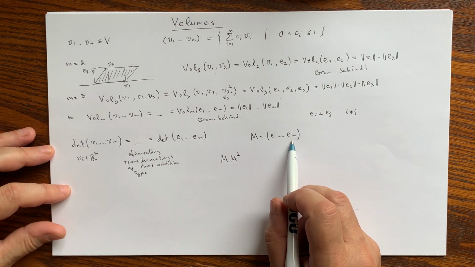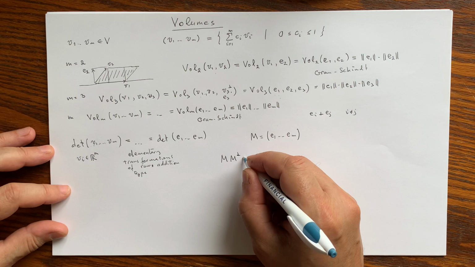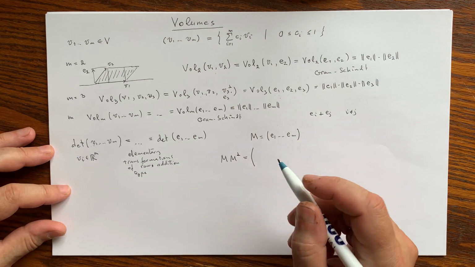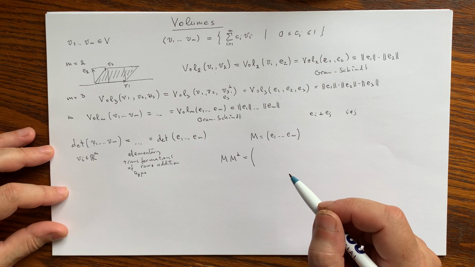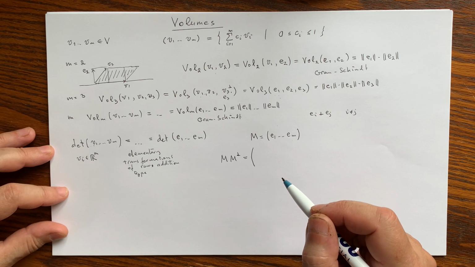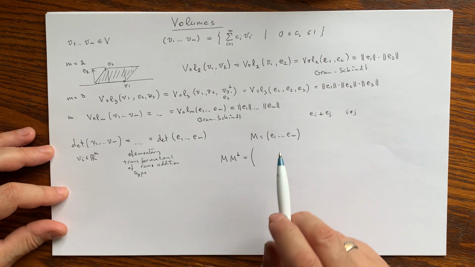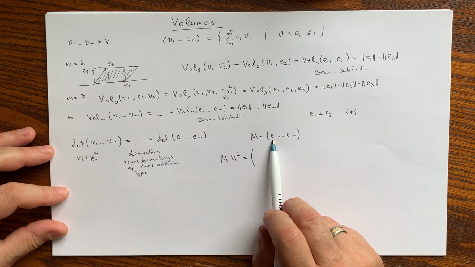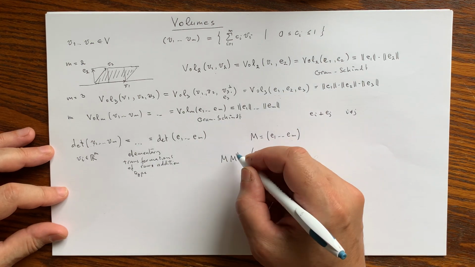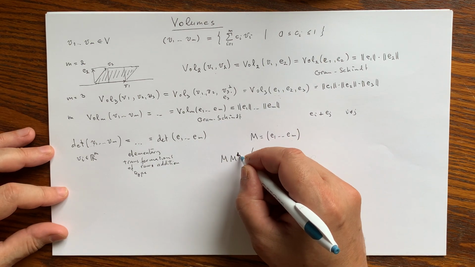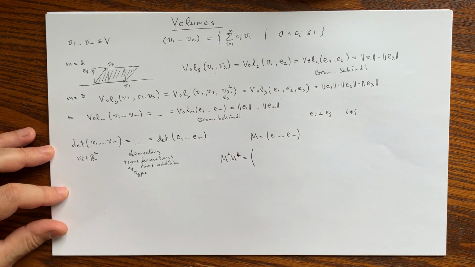We don't need to assume anything about them. The statement is that the matrix is... so maybe I should swap transpose and M. Let me do this for simplicity.